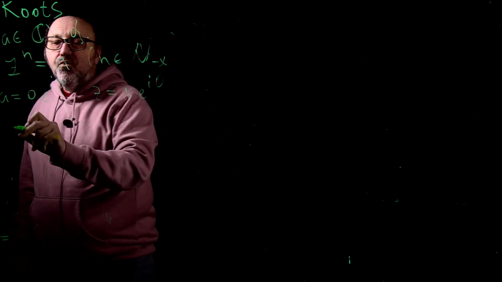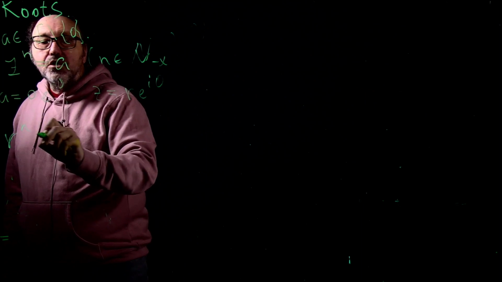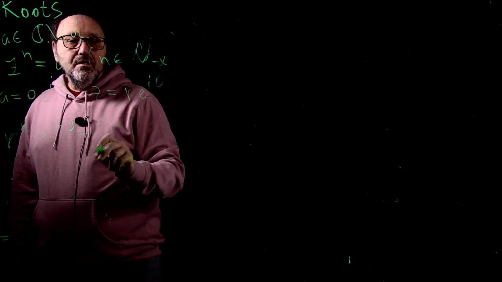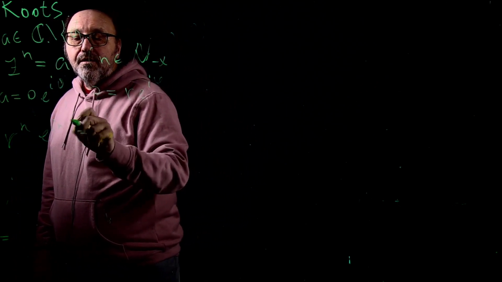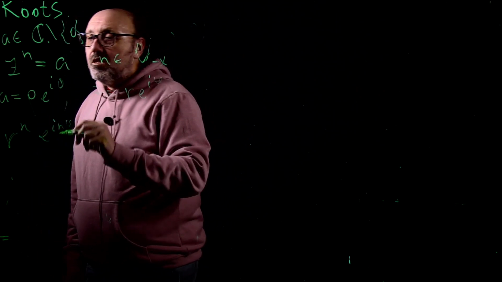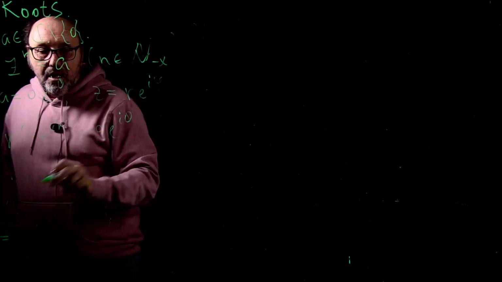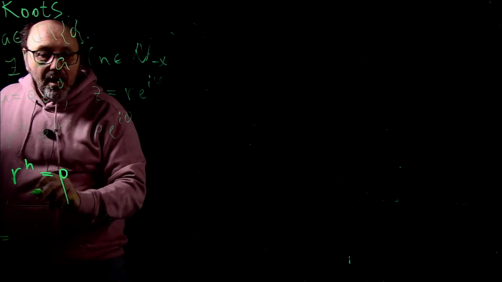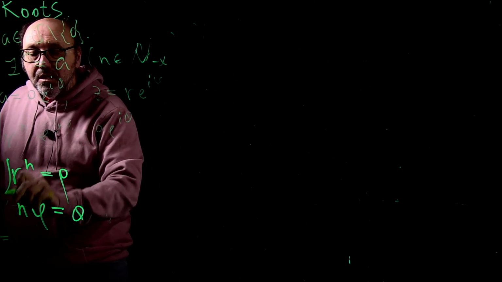Then by the formula of Moivre, we obtain the equation r to the n times exponential of i n phi. I'm sorry, this is phi, of course. Exponential of i n phi is equal to rho exponential i theta. And this means that r to the power n is equal to rho, and the exponentials are equal.